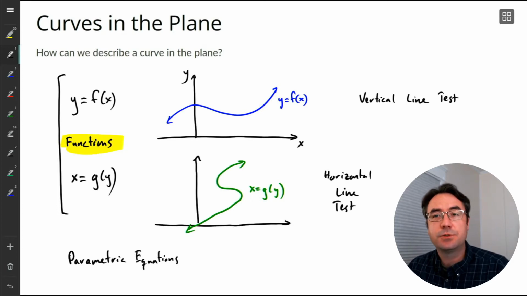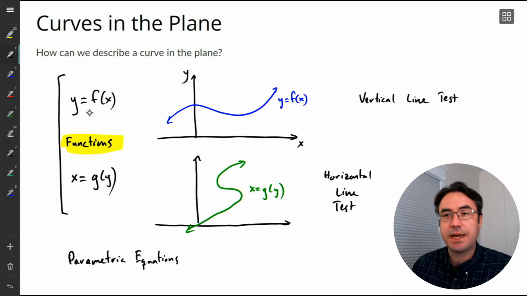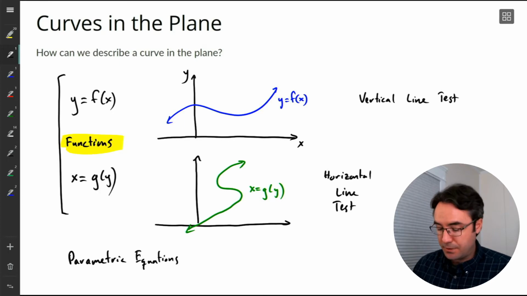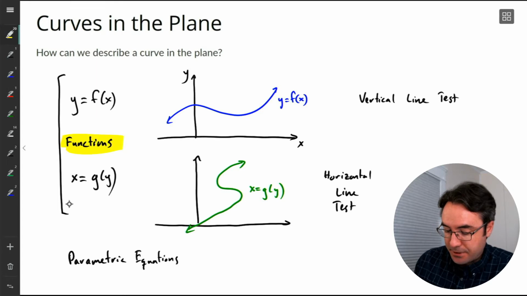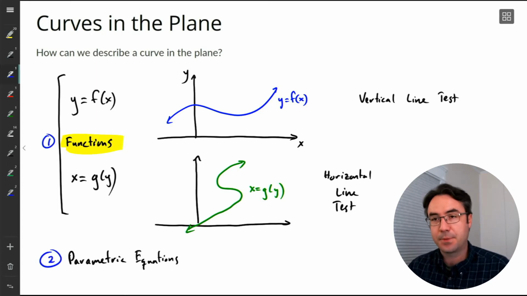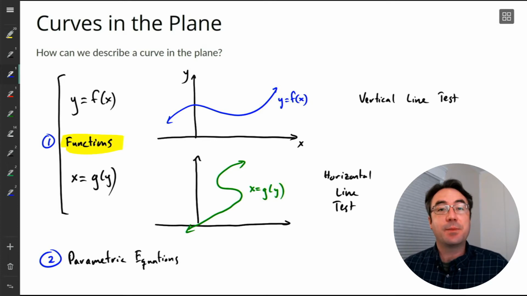We're going to be able to draw a whole bunch of new types of curves that we wouldn't be able to with our standard approach of looking at functions, where x and y are directly related: y is a function of x, or x is a function of y. So parametric equations are a new option that we're going to see. All right, so let's actually talk about what they are.